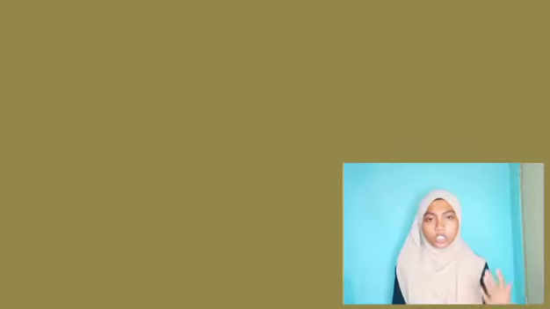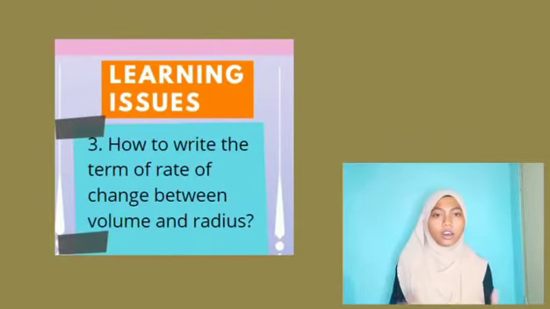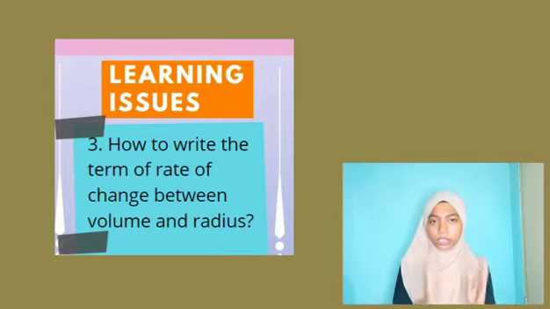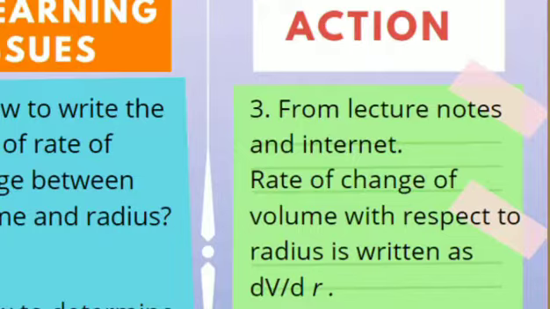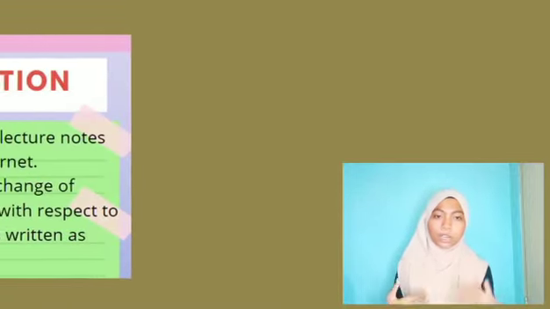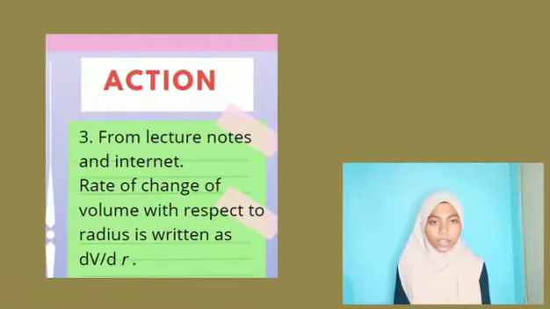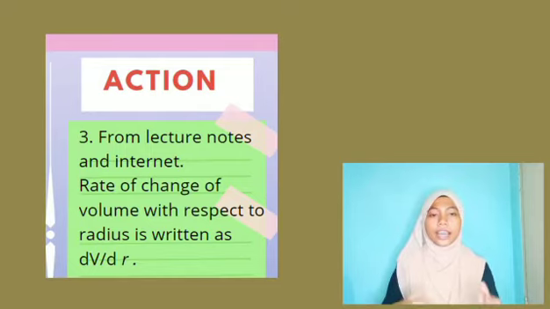So the learning issue here is how to write the rate of change between the volume and the radius. Action is from the lecture notes in internet. The rate of change of volume and radius could be written as dV over dr.